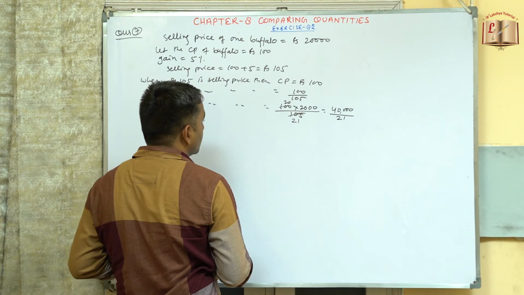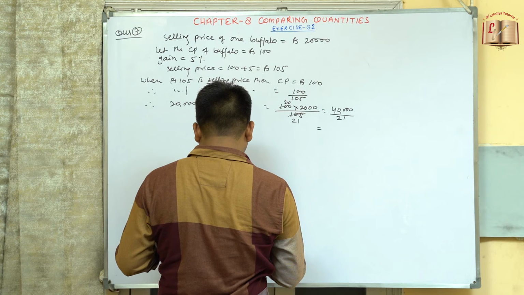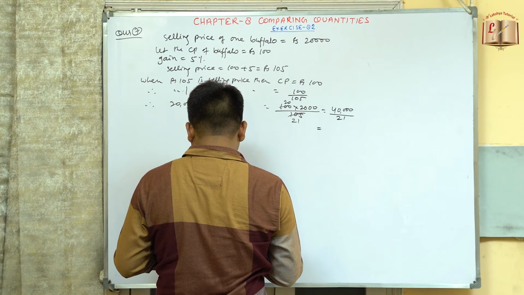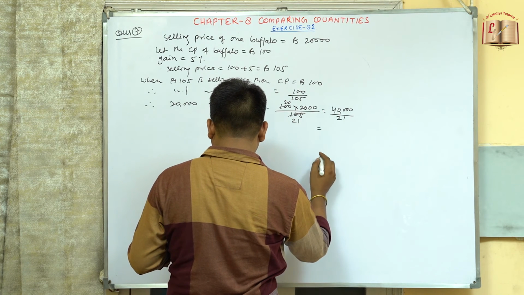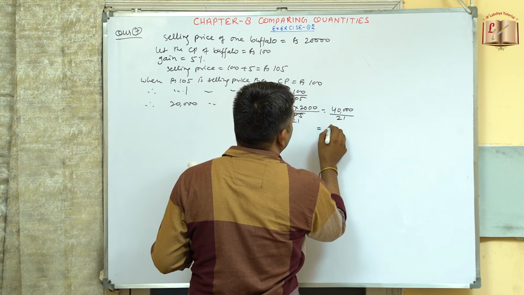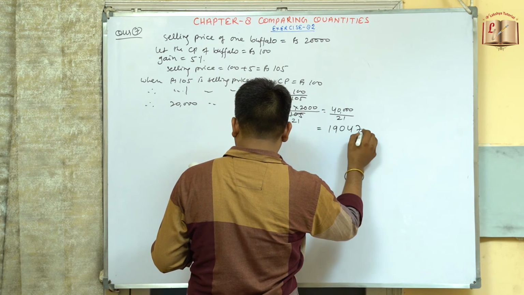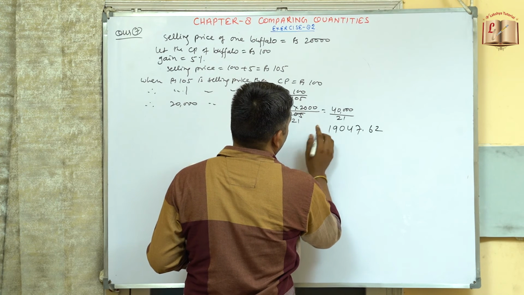Now we can solve this. So this will be 19047.62 rupees.